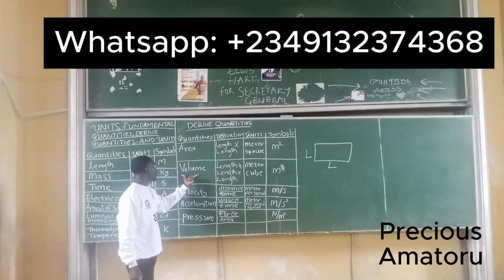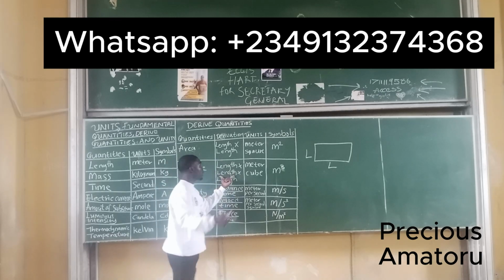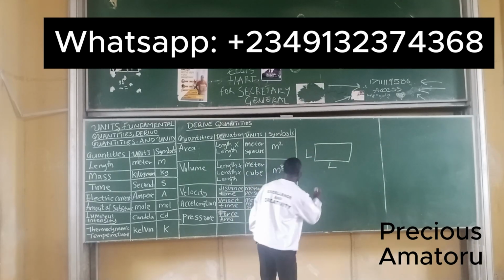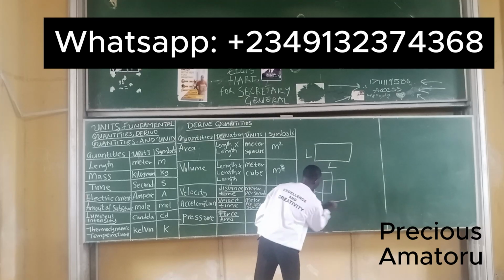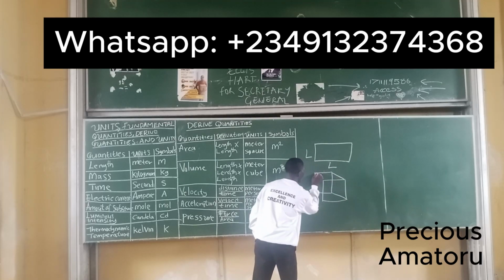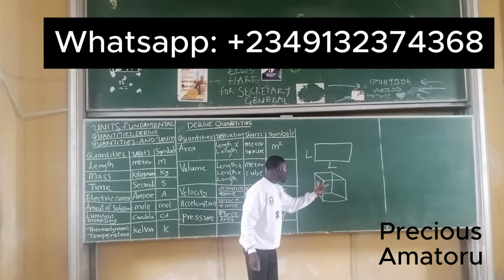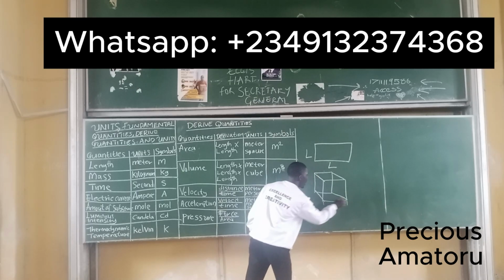Now let's look at volume. For volume, you need to multiply length 3 times. So what that means is that let's say we have something that looks in this form. Now, for us to get the volume of this, we need to multiply this distance from here to here, and the distance from here to here, and the distance from here to here.